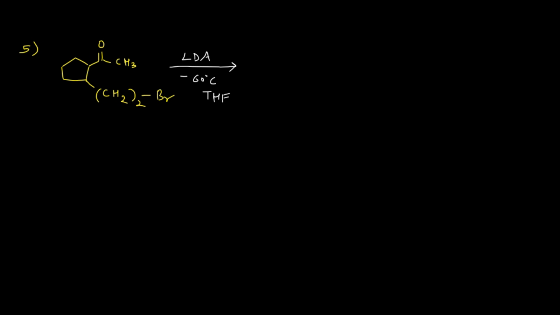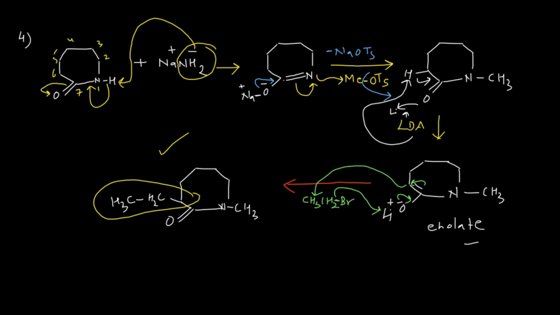Whenever you see this minus 60 degrees with LDA and THF, then it's a kinetically controlled product. So I can write Kp here, kinetically controlled product. In the earlier ones as well, I need to write in this particular step, this is your kinetically controlled product, Kp. I have to write minus 78 over there.